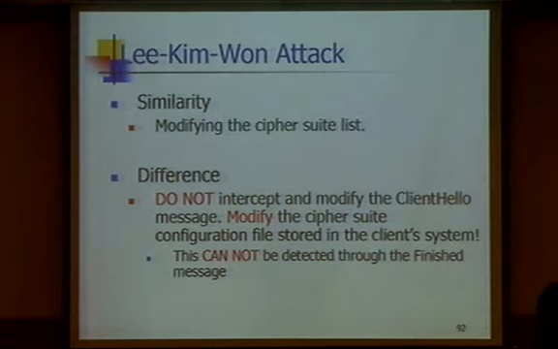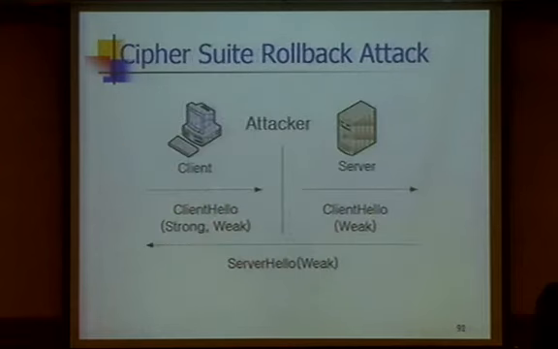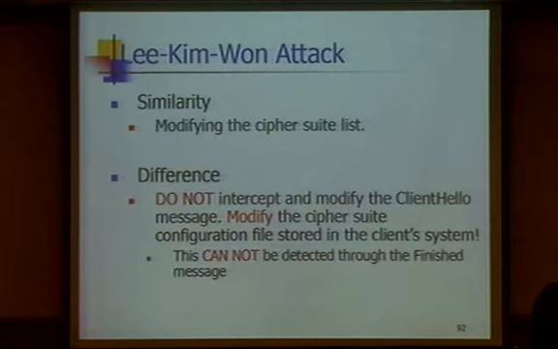In 2009, some researchers proposed another attack which is very similar to the previous attack. This is very similar to the ciphersuite rollback attack, but it differs in that this attack does not intercept and modify any client hello messages.